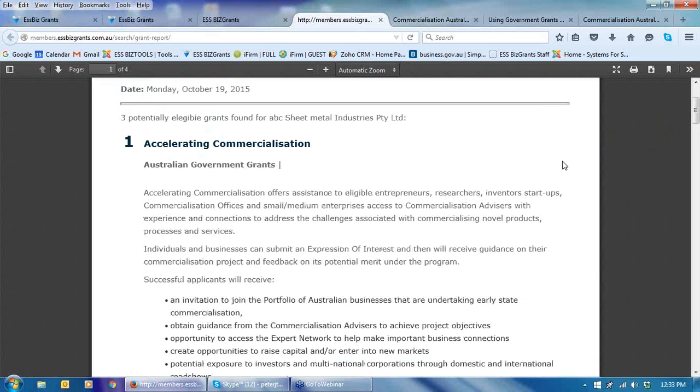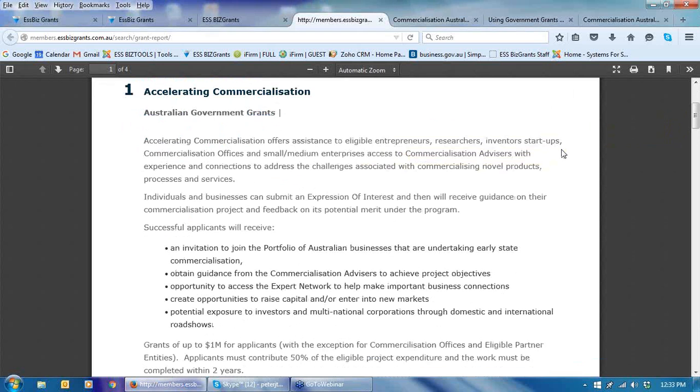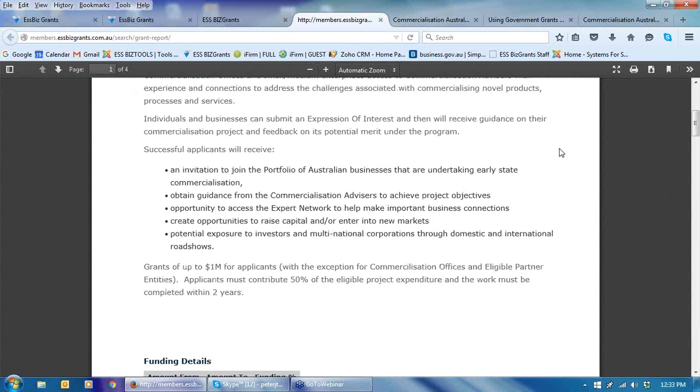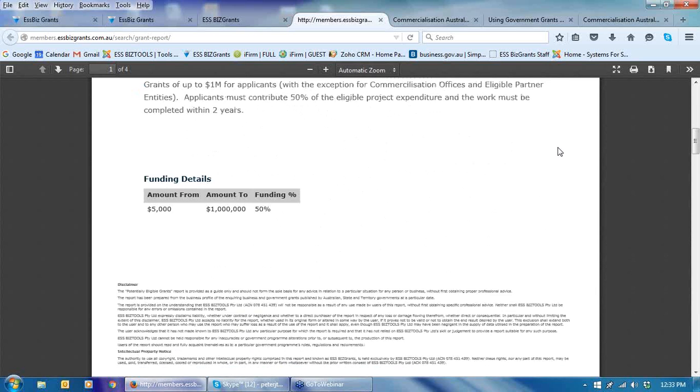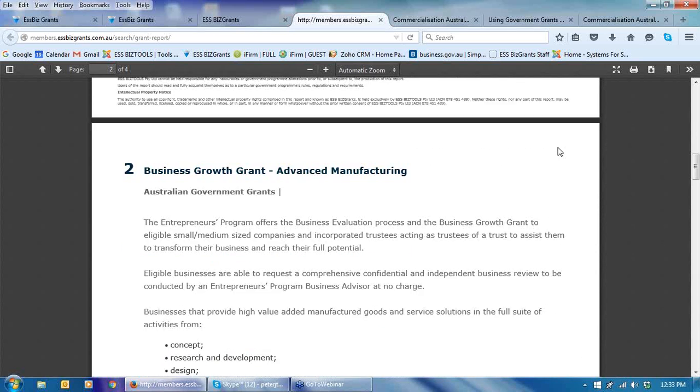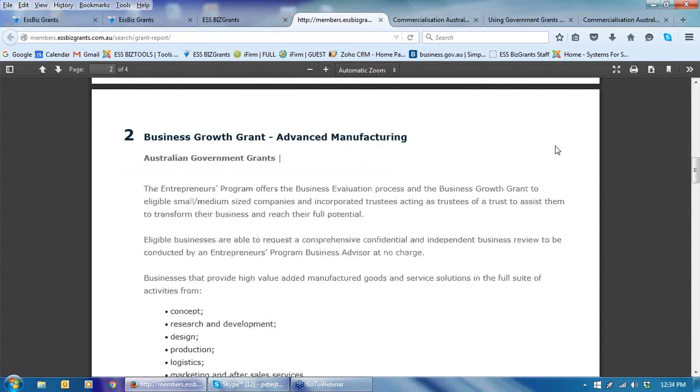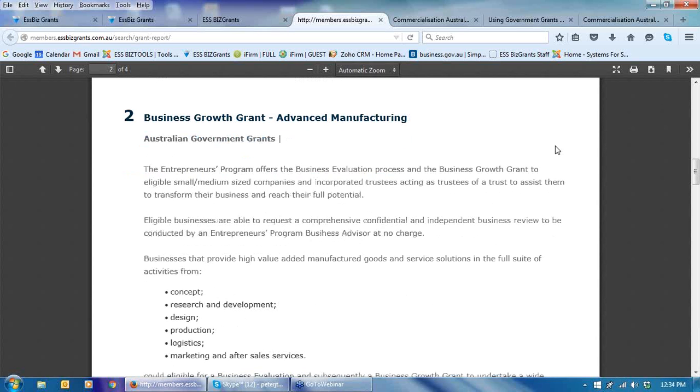And what you're getting to give your client is a précis of some key points of the grant. You can print the paper from the system I just showed you there before. The amount of the funding is shown. There is a disclaimer which basically says the client's still got to run the gauntlet of the application to the government. So no guarantees are being given by you or by ESS BIZGRANTS.